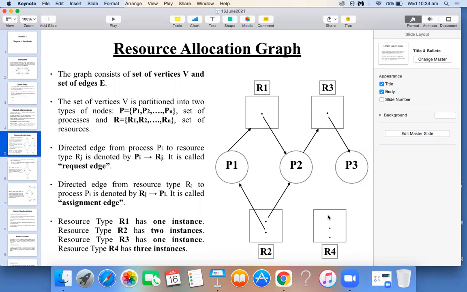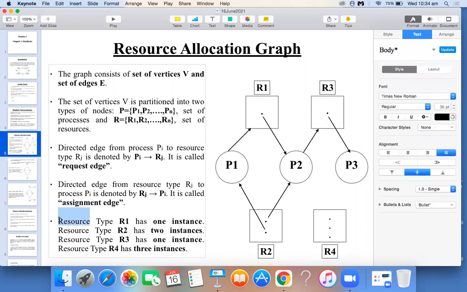Next, observe resource R2. I will take R2 as, say, RAM. So two dots indicate there are two RAMs available. Dots mean instances: how many of such resource types are available in your system. That's what is highlighted in the last point.